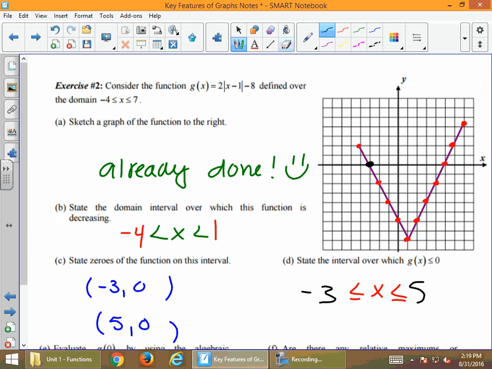And then if we follow our graph, this is where we have all of our negative y values because it's below the x-axis. So we go from one to the other, and that's where it's negative. That's where it's less than 0.